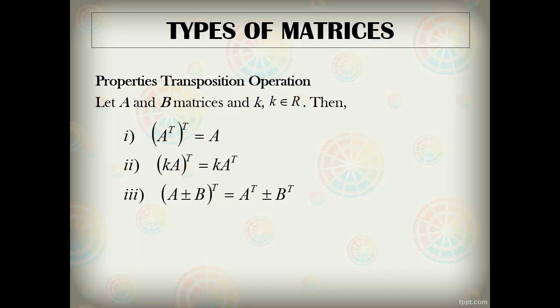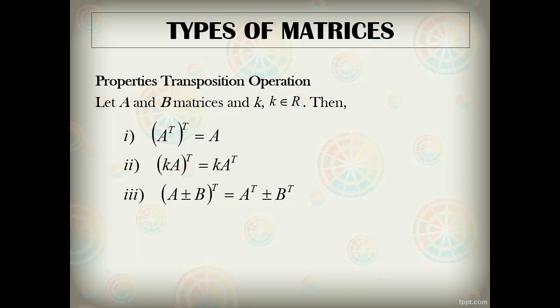And if it involves the addition and subtraction of two matrices, and then you transpose the summation or the difference of the two matrices, that is equal to transposing the matrices respectively, and then performing the addition and the subtraction later.